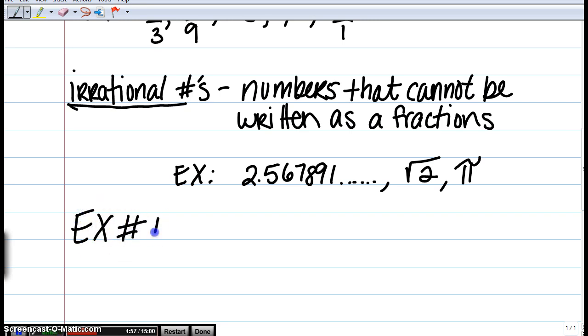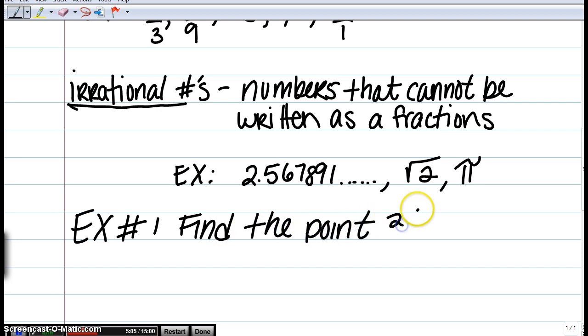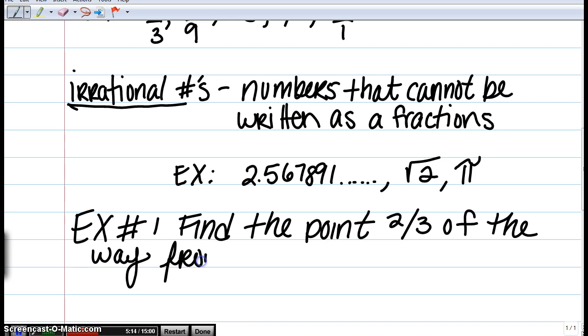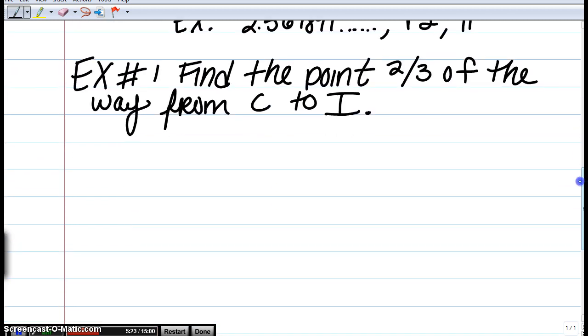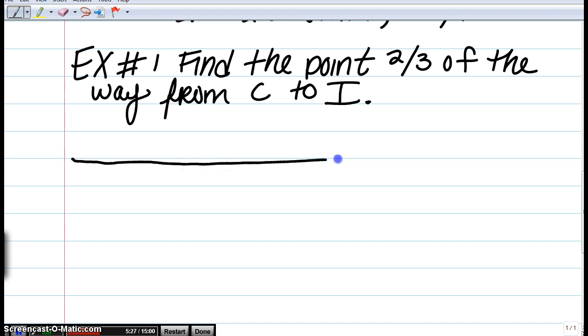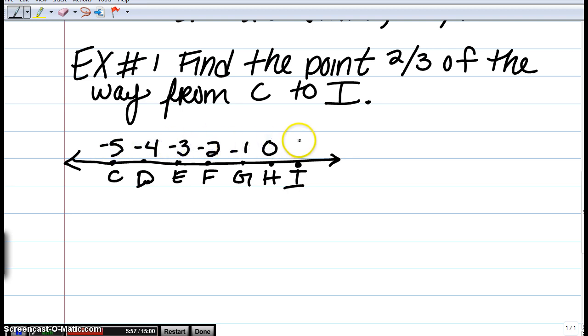Example number 1, find the point. It's going to give you different points, C, D, E, F, G, H, and I. And C is at -5, so this is -4, -3, -2, -1, 0, and 1.